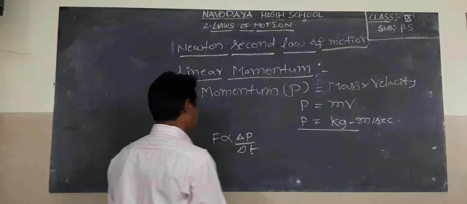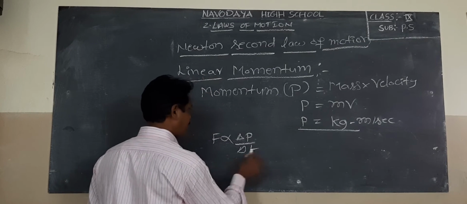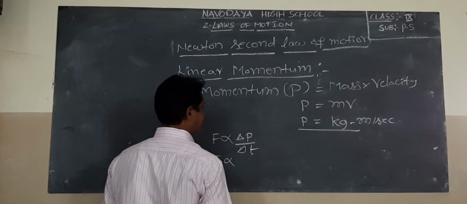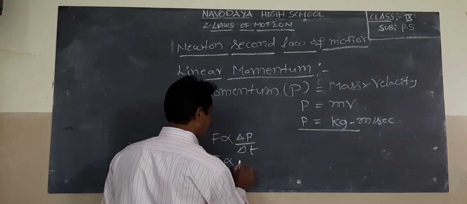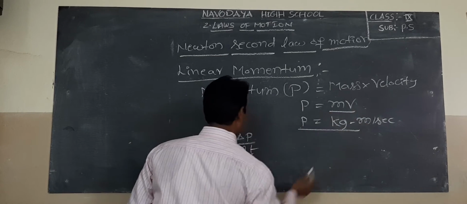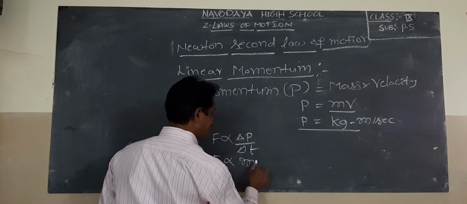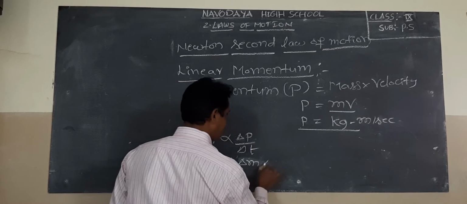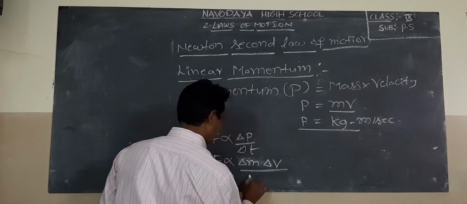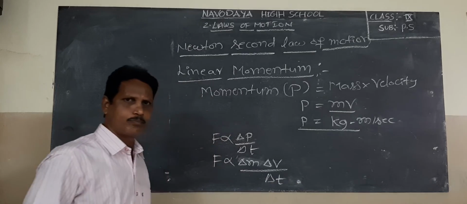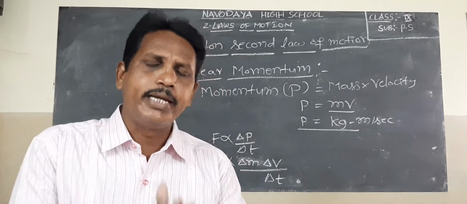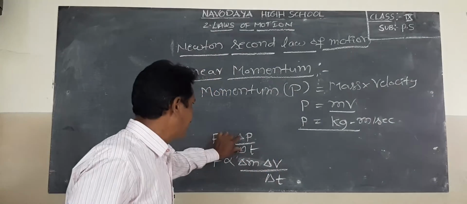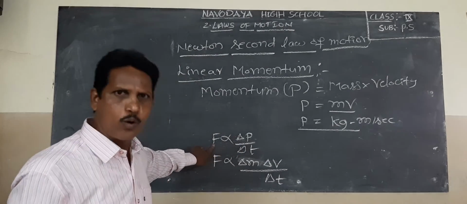Here F is proportional to delta P, which means delta of M into V, that is M into delta V divided by delta T. The rate of change of momentum is directly proportional to the applied force.